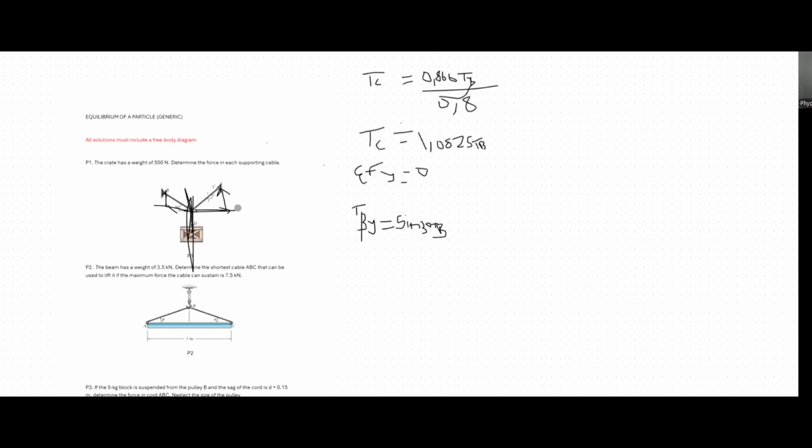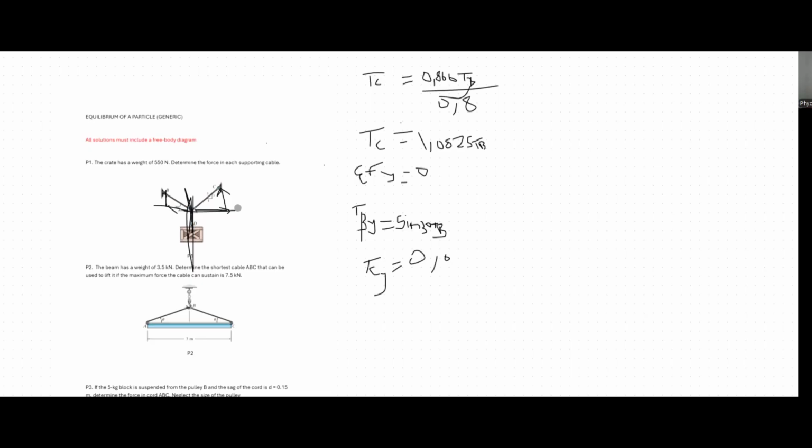Okay. So we are going to take this side. We're going to say opposite over hypotenuse, and opposite is 3, hypotenuse 5. That gives us 0.6. So TCy is equal to 0.6 TC.